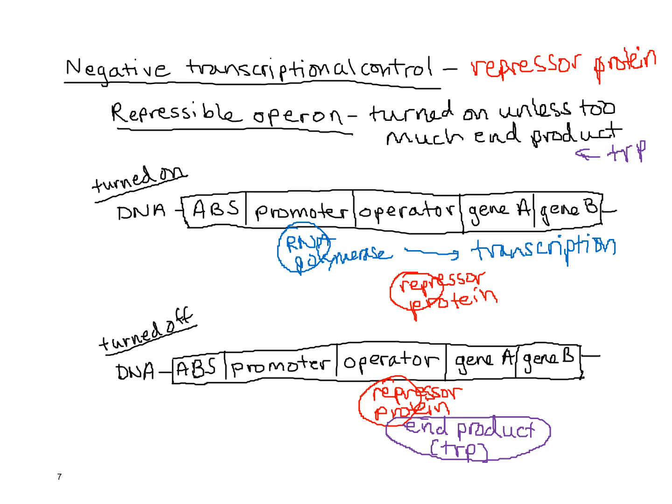And now the repressor protein is in the way, so RNA polymerase can't bind to the promoter. And there's going to be no transcription. And so that'll turn our operon off, which is good because we don't want to make any more tryptophan because we've got too much of it.